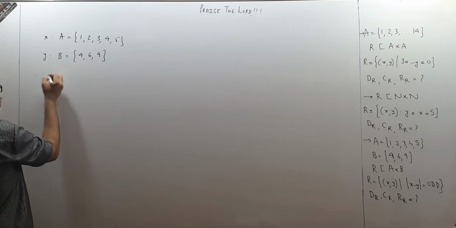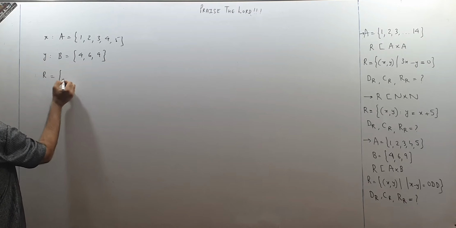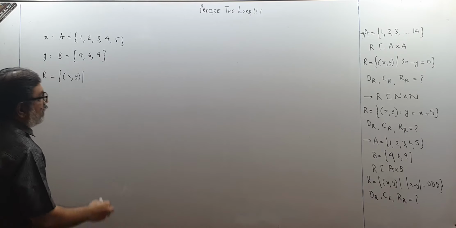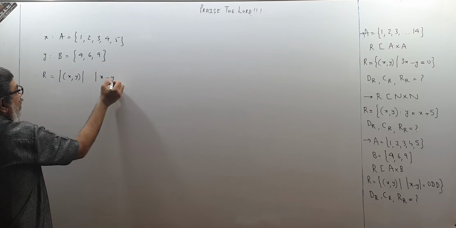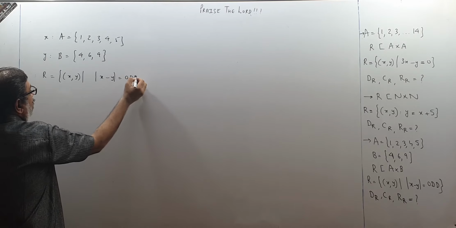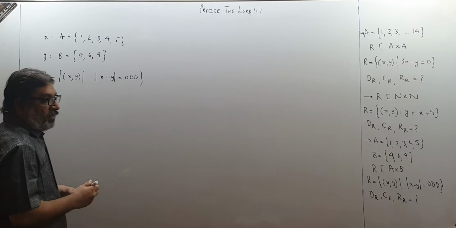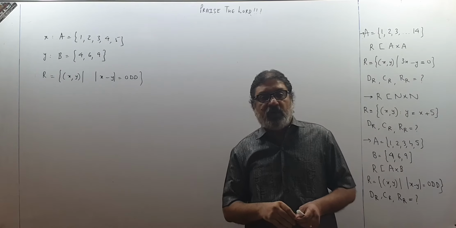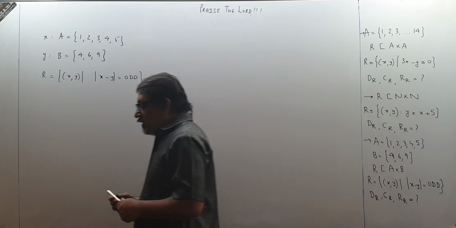So what does it say? R is containing ordered pairs (x, y) such that mod of x minus y should be an odd number. That is the point. So positive difference, modulus means positive difference of x and y should be an odd number. So let us start writing, children.